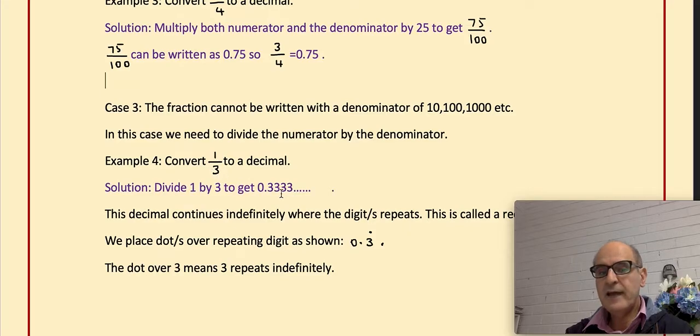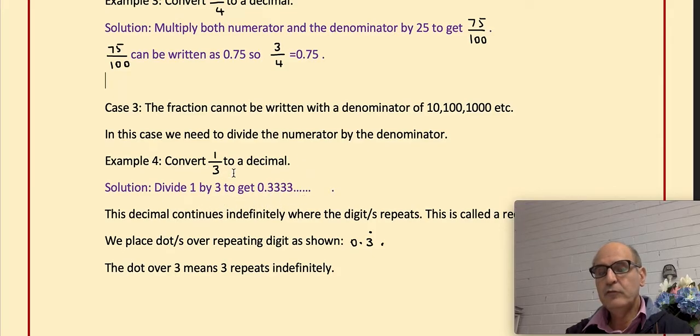If you did that, you're going to get 0.3333, which goes on forever. You can write this to a given number of decimal places. For example, if they ask you to convert this into a decimal in 2 decimal places, then it's going to be 0.33.